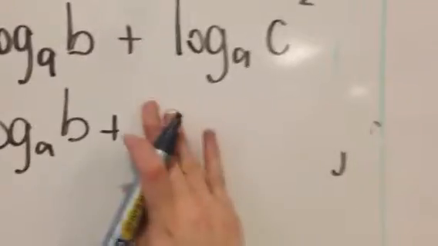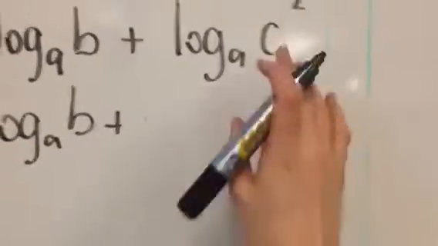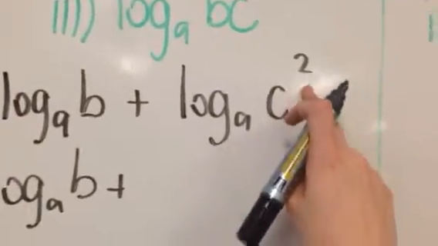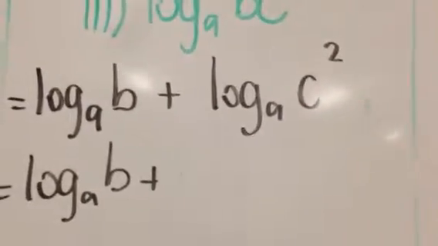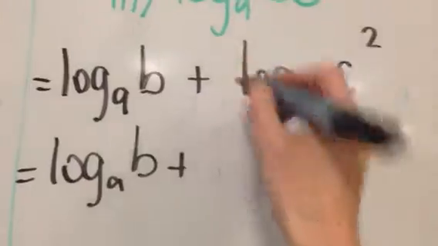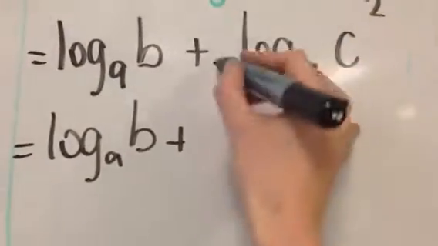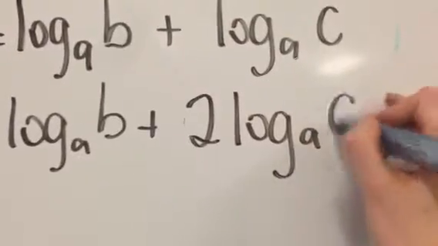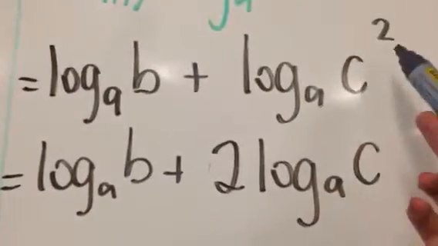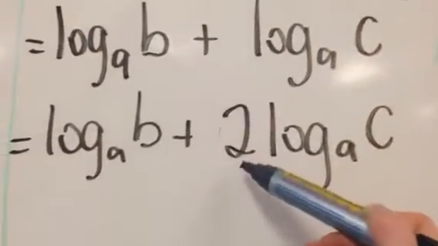Instead of expanding this out, when we have an index, the way to get the index down is we can put it so it's a multiplier. So the 2 comes down in front of it, and we have 2 lots of log base A of C. So you see that index comes down the front and becomes a multiplier.